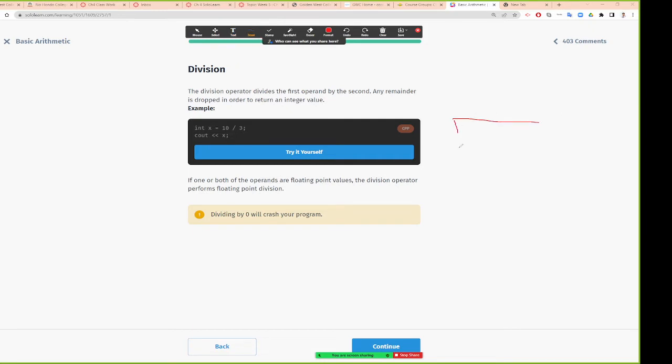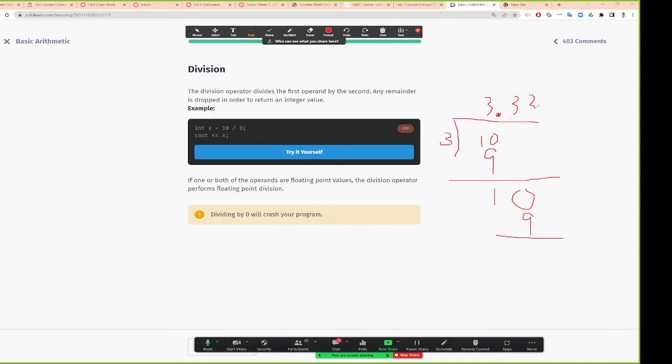So I'm going to do 10 divided by 3, and that will be 3, and that will be 9, and I will continue and add a point, and I continue right here, 3 and 9, and I continue to have 3.3. But if that's an integer, it will be truncated.